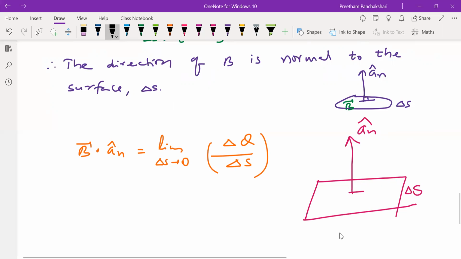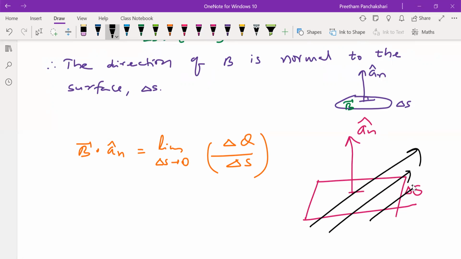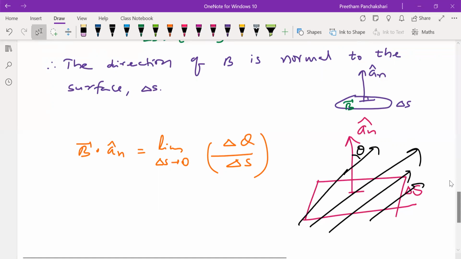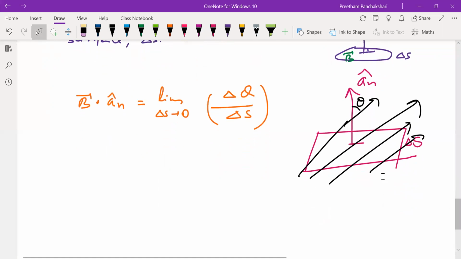If the flux lines are passing through the surface at an angle of theta with respect to the normal, then the amount of flux passing through this area is given only by the normal component of the vector.